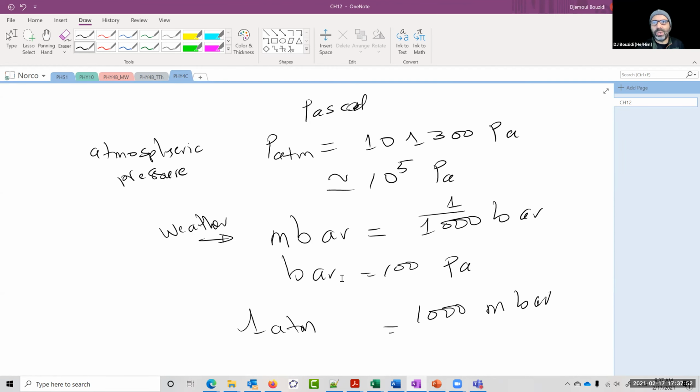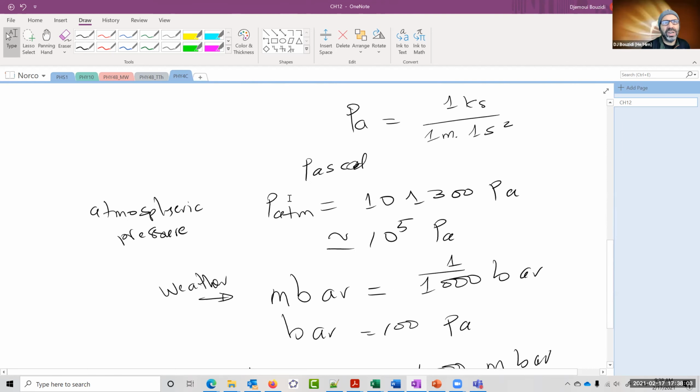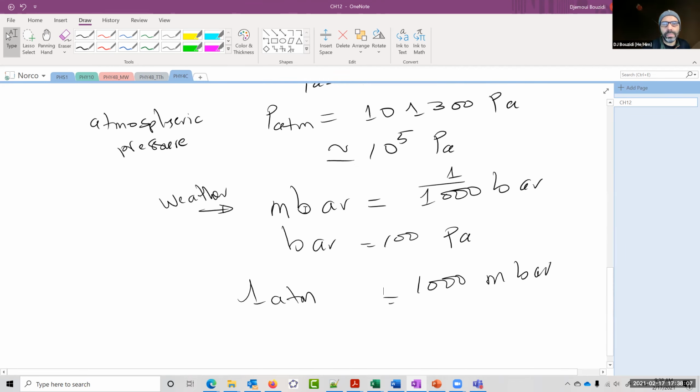But in science, we use a Pascal. We use this unit. And the Pascal, as I was talking about, has this relationship with a kilogram and a meter and second squared. The atmospheric pressure is roughly about 100,000 pascals. In addition, we use the bar also, and 1 bar is 100,000 pascals. Okay, and you can do the numbers, so you find that 1 atmospheric pressure is 1,000 millibars.